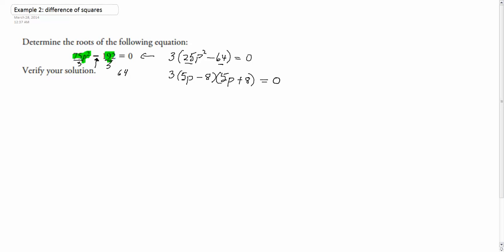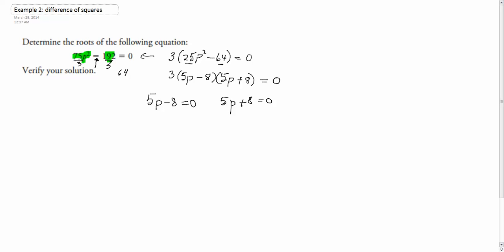So now that we've factored our difference of squares, we can take each of our factors and set them equal to 0. So if I have 5p minus 8 and it equals 0, that will give us a 0 in our equation. And if I have 5p plus 8 equals 0, and I solve for p, I also will have the value that creates 0 in my equation.